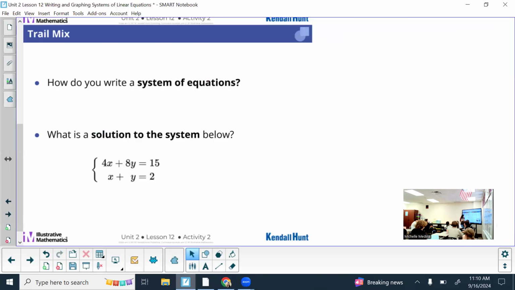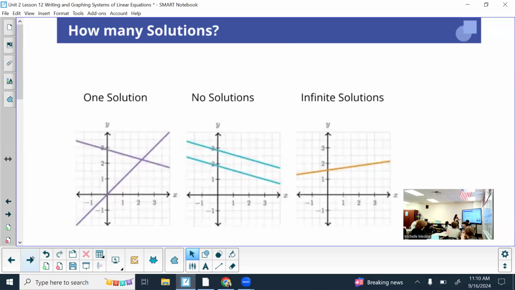But there's also other types, and we'll explore those other types in the next few lessons, but just in case it shows up on your homework. So here's what it looks like when there's one solution, they intersect at one spot. If they never intersect because they're perfectly parallel, they have the same slope, different y-intercepts, there's no solution.